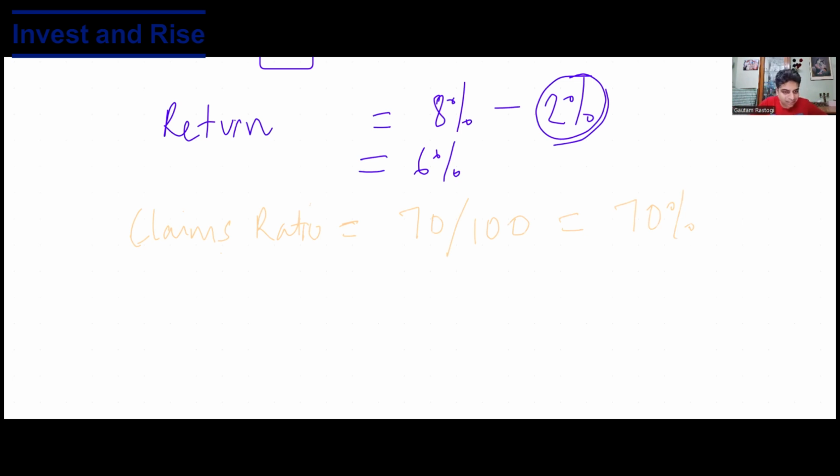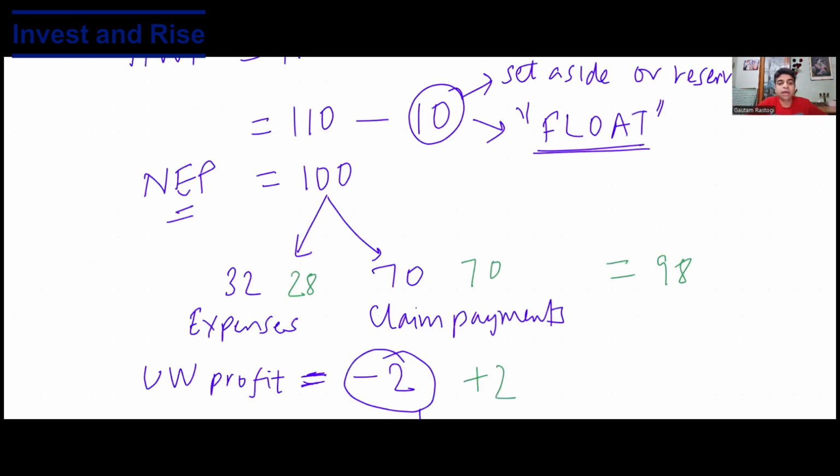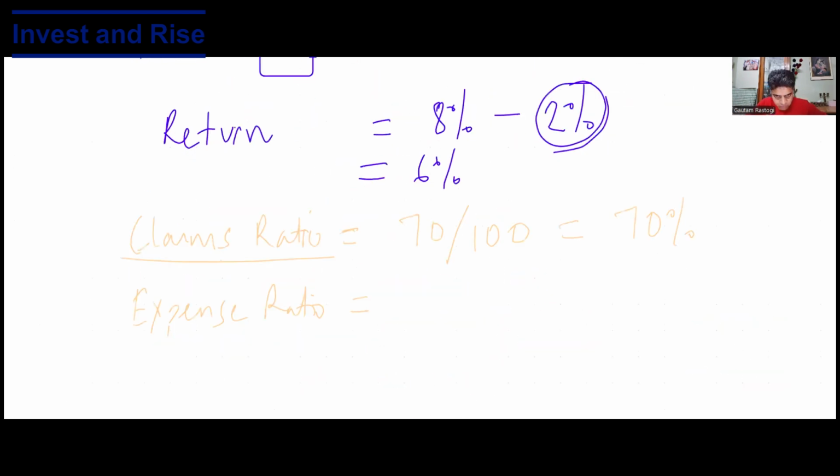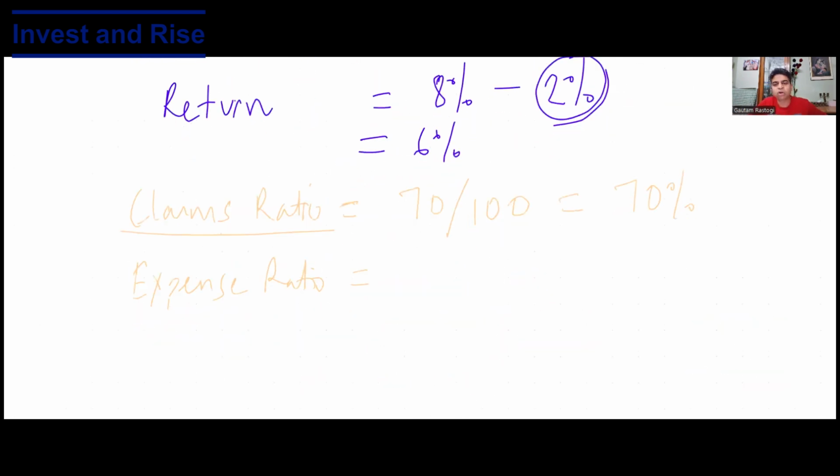And what is expense ratio? We saw that in this example they incurred 32 rupees of expense. So should it be 32 divided by 100?